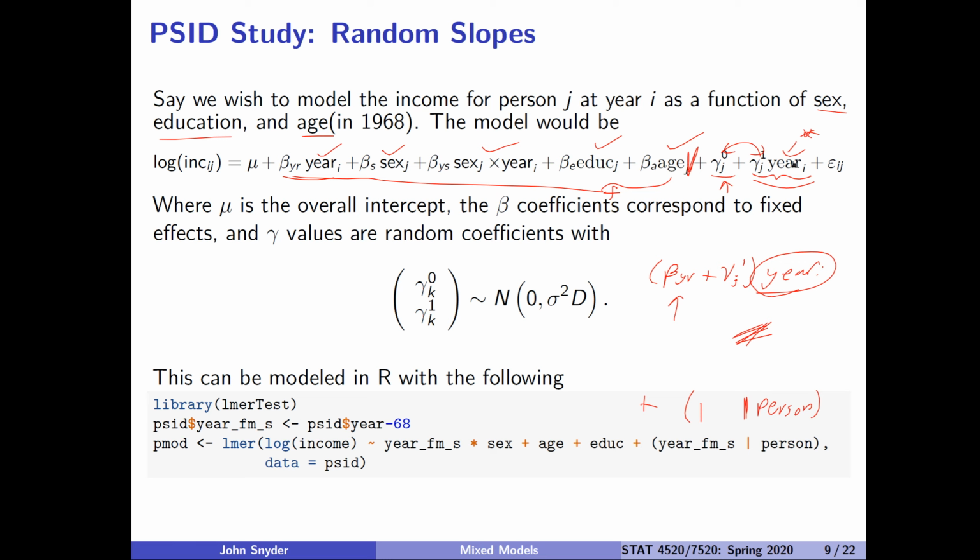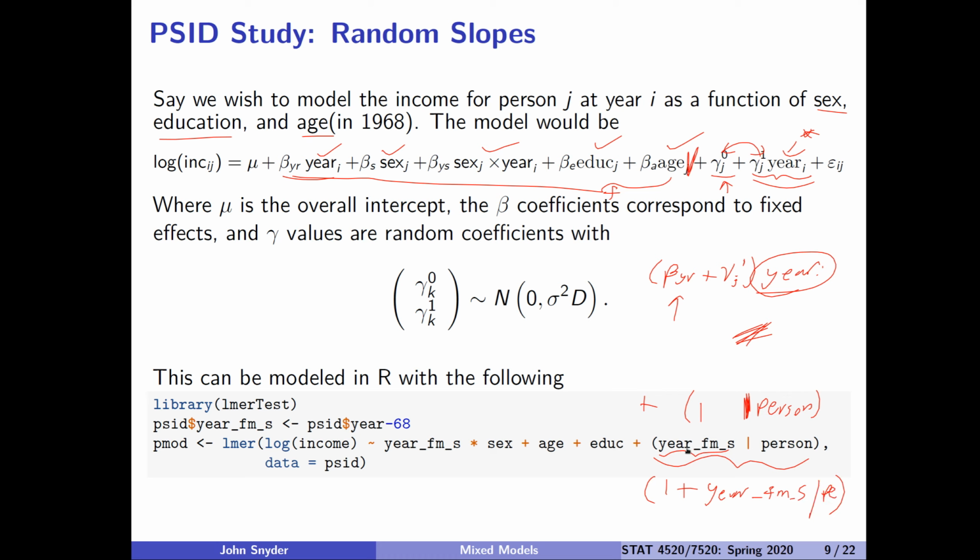But now, since we have this random slope here, instead of just having a 1 before this vertical bar, we're going to have the year, because we want the slope of this variable to vary between individuals. And by the way, the intercept part is still going to be here. In fact, this entire thing in the parentheses is actually equivalent to if you were to write 1 plus year, vertical bar person.